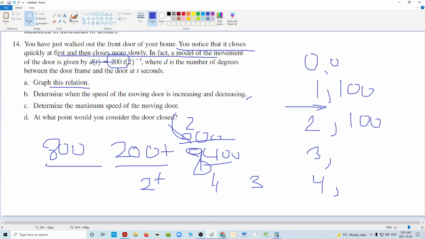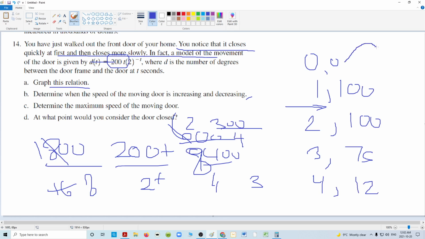When we divide both by 2, we get 300 divided by 4, which is 75. And when it's 4, we're going to get 800 divided by 16, which is 100 over 8, which is 12 point something. So it's definitely going to go up and then quickly come down, and then it looks like it never closes.